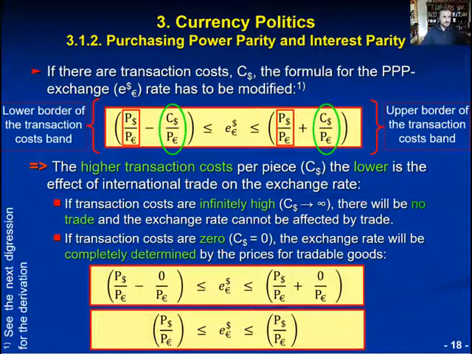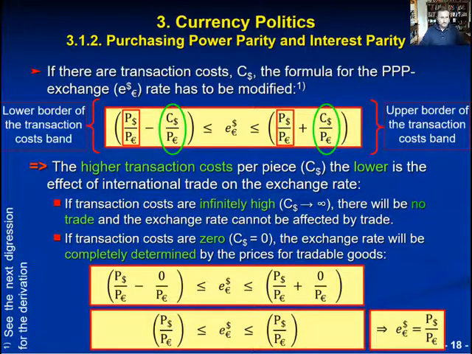So we receive this equation, which implies that in this case the actual exchange rate is exactly equal to the purchasing power parity exchange rate. Of course, in reality, we can neither expect transaction costs equal to zero nor transaction costs being infinitely high.